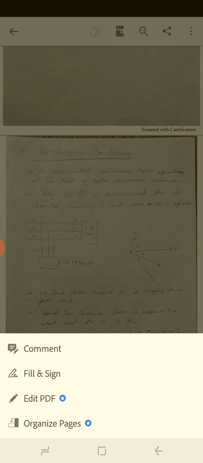There are two methods of improving the power factor. One is the static capacitor method, in which we connect a static capacitor in parallel with the load whose power factor is to be improved. The second one is the synchronous condenser method.